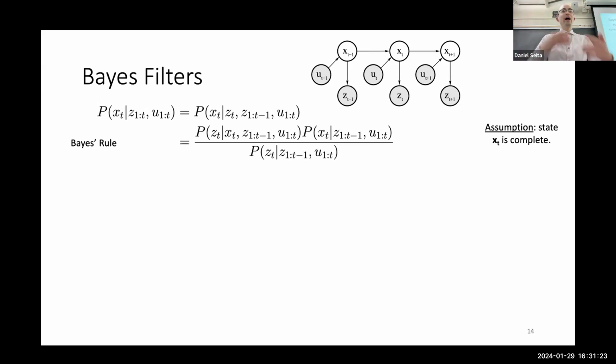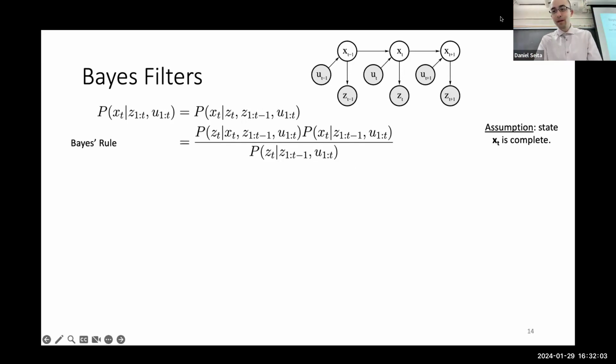The way that I do it when I'm trying to think about this is I basically ignore all the u's and all the z1 to t minus 1 terms, and I just think of zt, right? And then it's just xt and zt. So I do Bayes' rule, and then after that, I can add everything back into the conditioning. Because if you're consistent and you condition on the same things, you can do that as long as you do it with every term.